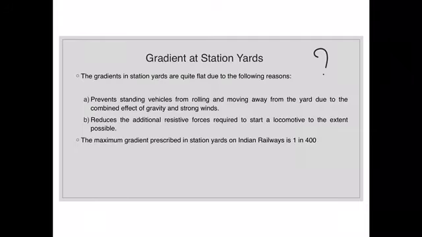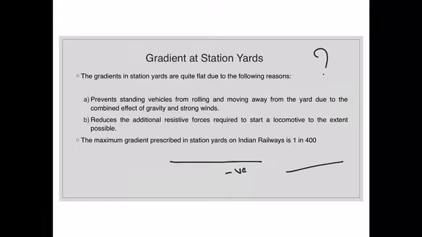The first is that if negative gradients or slopes are provided, there are chances that the standing vehicles may roll and move away from the yard due to the combined effect of gravity and strong winds. Secondly, if any gradient is there in the station yard, to start the engine and move the train further, additional energy is required for the locomotive.